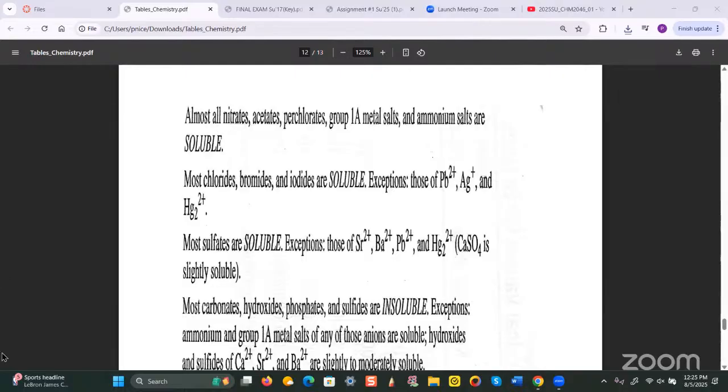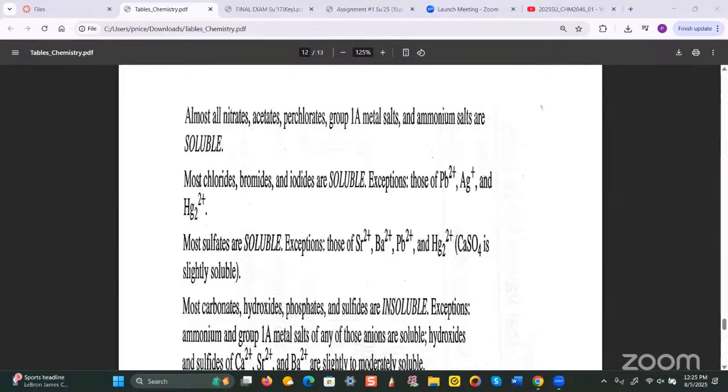It says here also that all nitrates, acetates, perchlorates, and group 1A metal salts are soluble. And come to think of it, there's one acetate that is not soluble. I think that is silver acetate. So that's an error there. But apart from that, the reason why I'm referring to this table is because I can explain the reason why ammonium chloride is soluble.